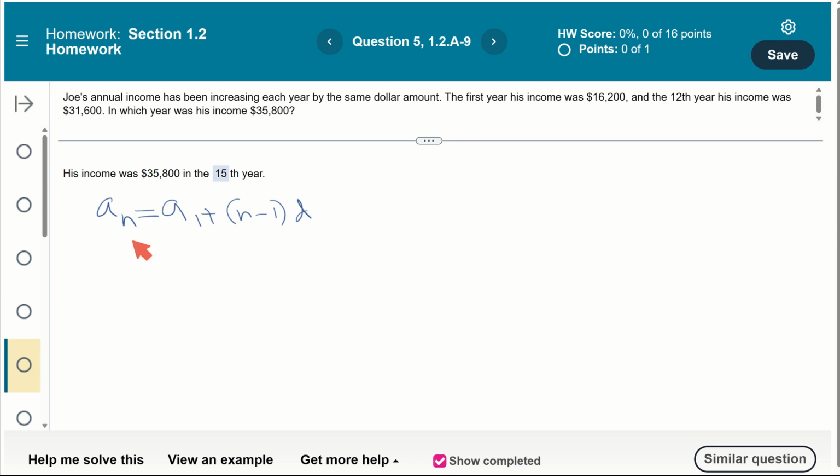Now, in this case, we know that the future amount we're looking at the first time around is the 31,600. That's for A12, right? So we can say A12 equals A1 plus, remember n is 12, so 12 minus 1 is 11, so we get 11D.